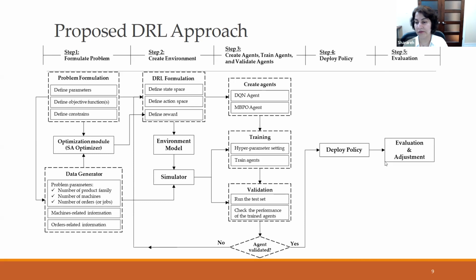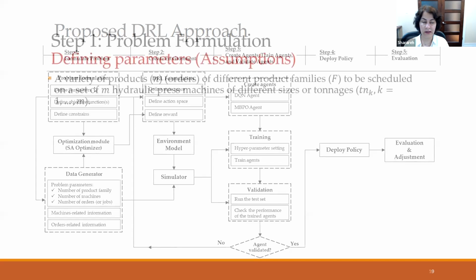It means that if the final policy or performance is not satisfactory, we have to come back and revise maybe the states and actions, or review everything from step 2. I'm going to provide a little more detail about each of these steps in the next slide.